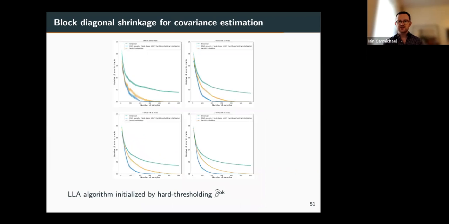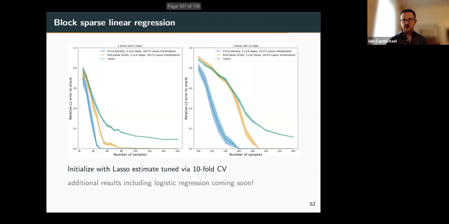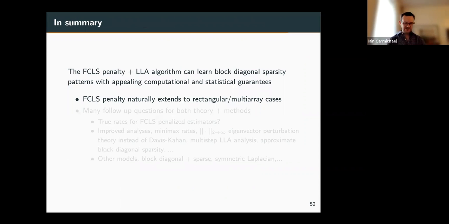This rough takeaway is going to be true for all of the other models. Here, for example, is the covariance model. It'll be true for linear regression, and for the logistic regression models the simulation is still running, so I won't show you any curves.